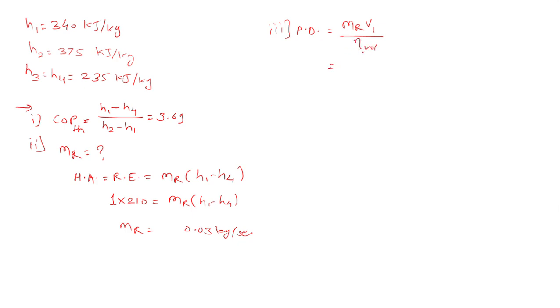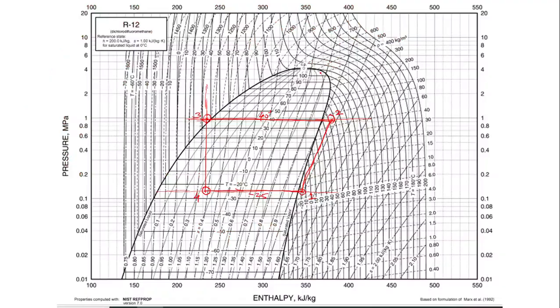This V1 value, the specific volume, I can get from the density, because on the chart I do not get the specific volume directly, but I get the density.